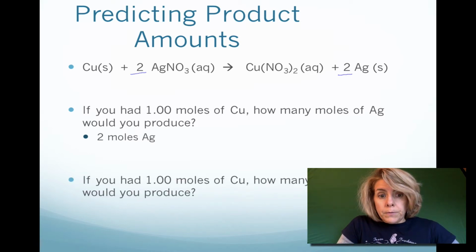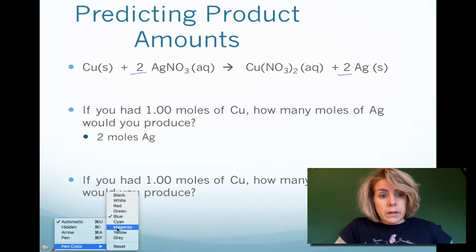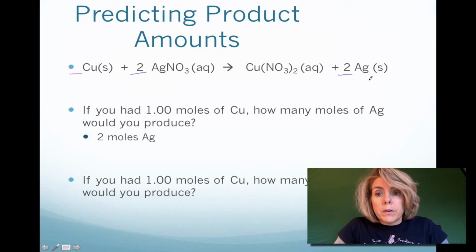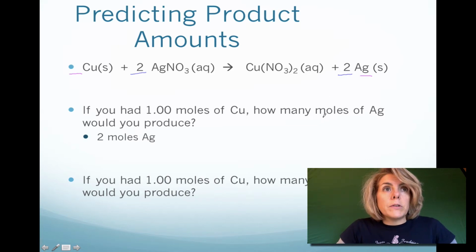Now, I'm sorry, I said silver nitrate, didn't I? I meant just silver metal. Now they ask you if you had 1 mole of copper. Remember, there's an understood 1 in front of this copper. And they want to know how much silver you would produce. This is where we want to use mole ratio to help us figure it out.